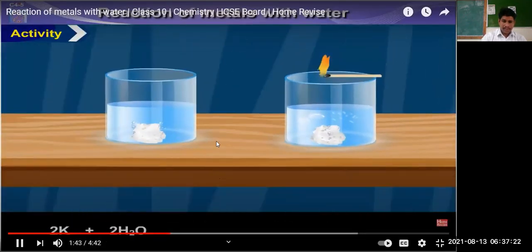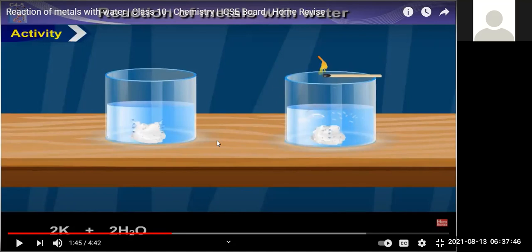2K plus 2H2O. Now, what is an exothermic process? Can you tell me? Already we discussed it. Endothermic and exothermic reactions we have seen in lesson number 3. Will you tell me about it? The reaction in which heat is gained is called an endothermic reaction, and the reaction in which heat is released is called an exothermic reaction.